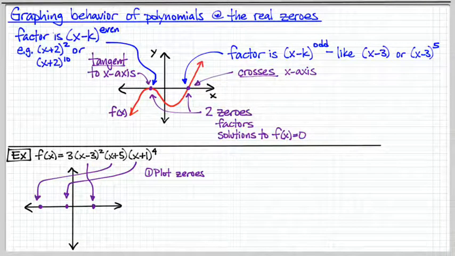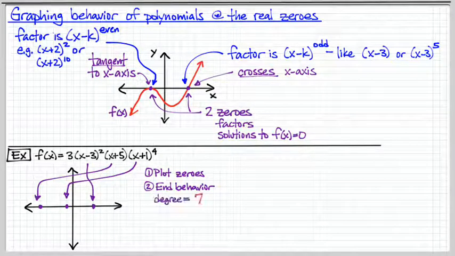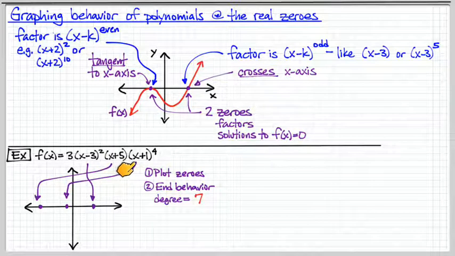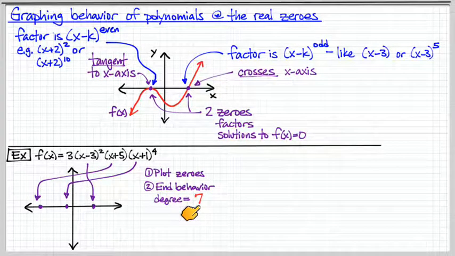Now let's look at the end behavior. To do this, we're going to figure out what the degree of this polynomial is, and we're going to add up basically the exponents of each of these. We have x to the second power, that's 2, x to the first power, so 2 plus 1 is 3, and then x to the fourth power, that's 7. 2 plus 1 plus 4 is our degree 7.